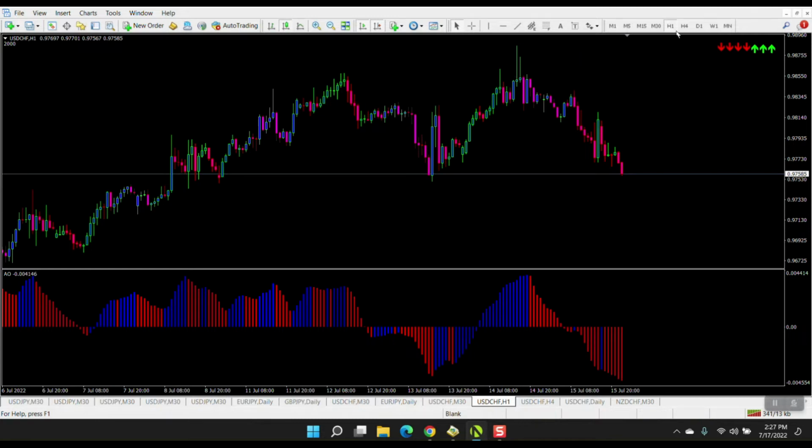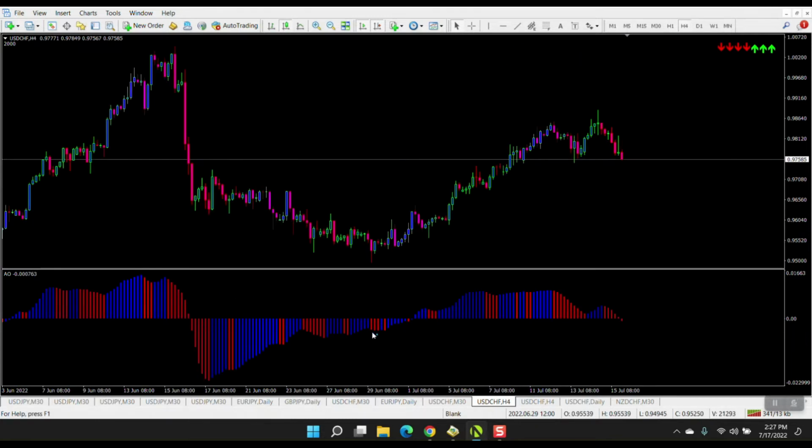Keep that in mind. 240 chart, crossed above, price is in theory supposed to go up, crossed below, in theory supposed to go down. Let's look at it a different way. When it crosses above the zero line, do you want to sell? Wouldn't it be better if you bought? Do you really want to sell? Keep that in mind.